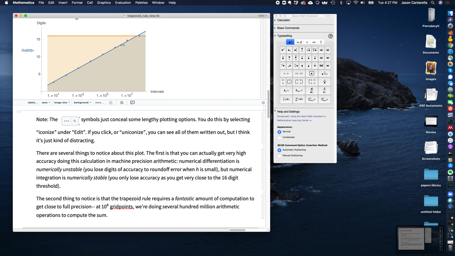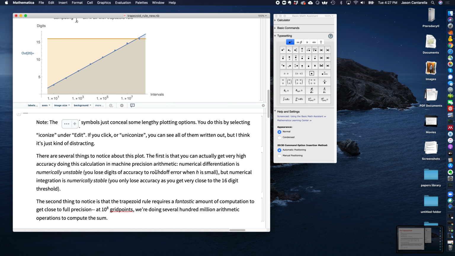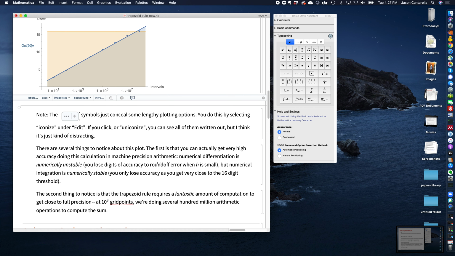They're just climbing happily. The other thing you notice is that really this is much slower than you think it should be. So to get full precision, we really did have to go to 10 to the 8th, 100 million grid points, which probably means several hundred million arithmetic operations, because of course you have to multiply by 2 and so on and so forth.